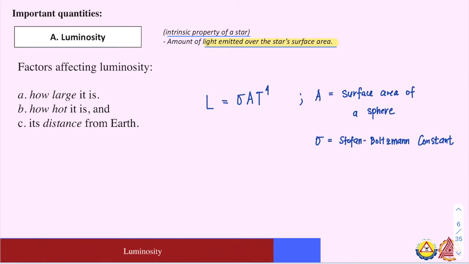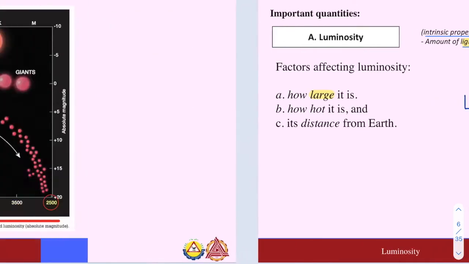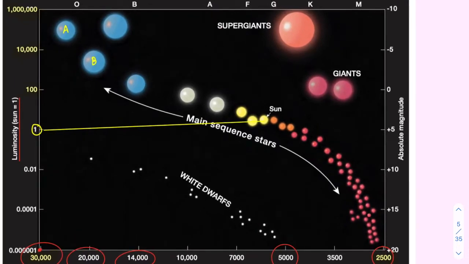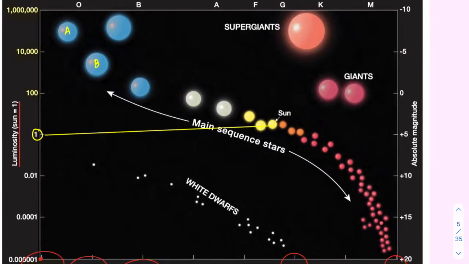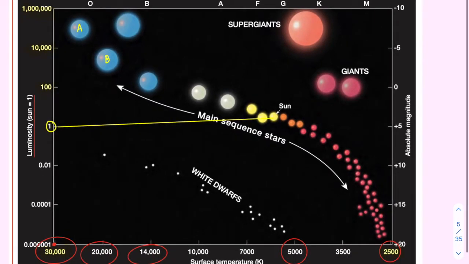So we say how luminous is the star, for example. Now, there are some factors affecting luminosity, and the first one is how large your star is. As you can see here, by the way, class, your large stars, hopefully, you can now answer. Now, there is really a relation between your luminosity and size.